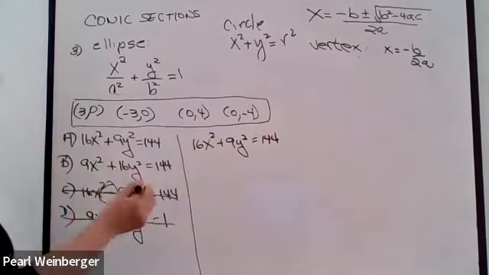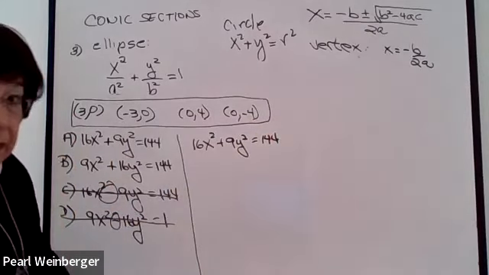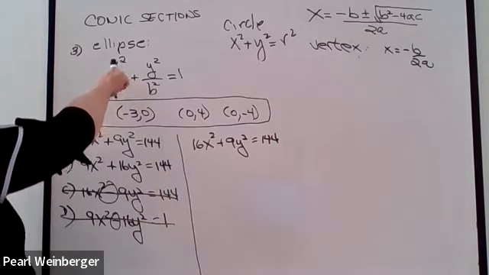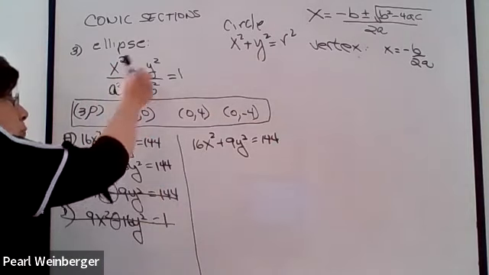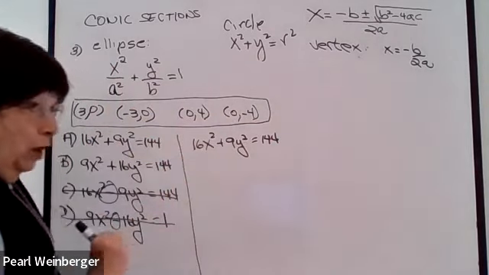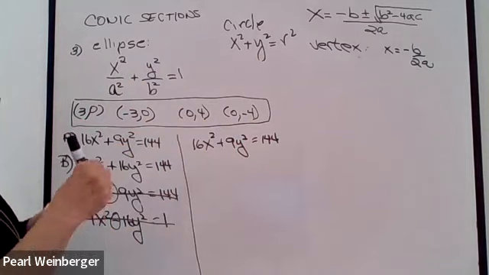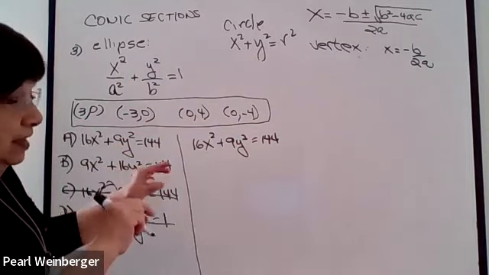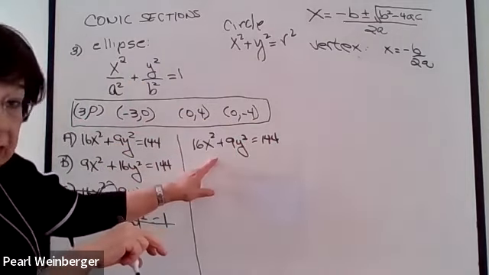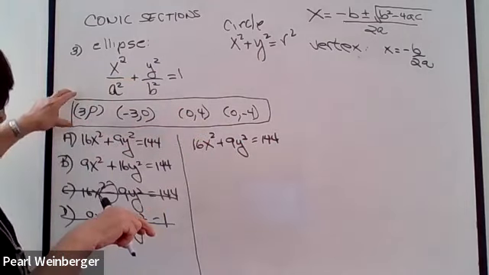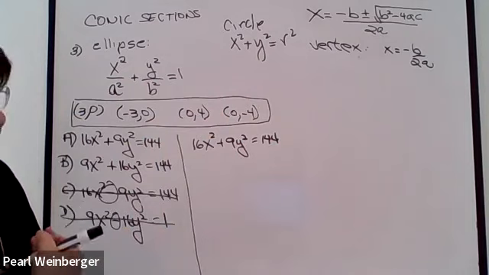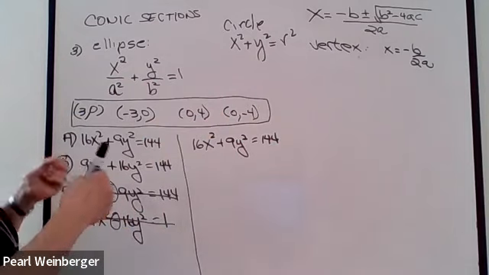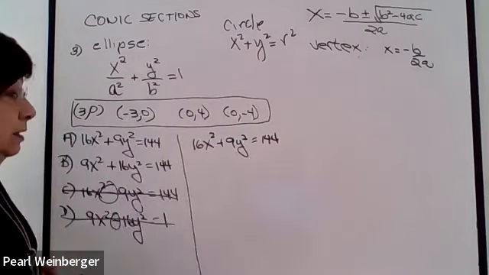Let's put that in standard format, in the x squared over a squared plus y squared over b squared equals 1 form. And then we'll see what its x and y intercepts are. And if it matches these, then we've got the right answer. And if it doesn't match these, I've got to try B, but it probably has to be B.